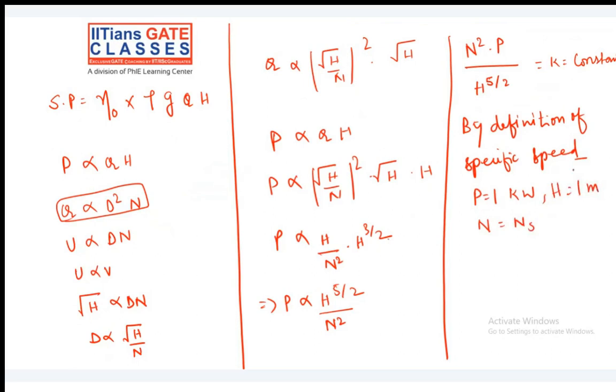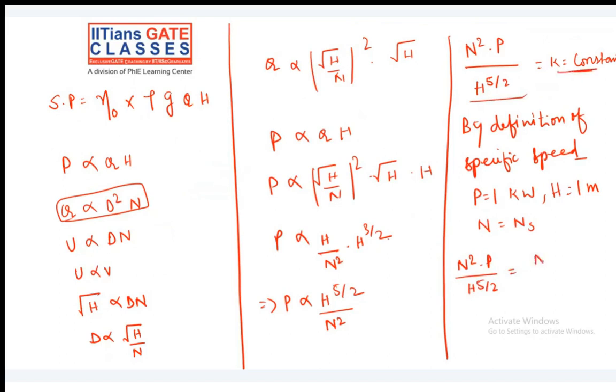So let us put these things here. So n square into P upon H to the power 5 by 2 is equal to this constant.